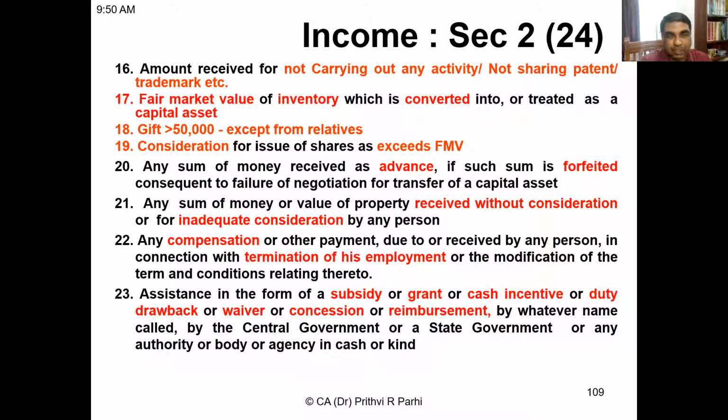No, gifts on the occasion of marriage from relatives are exempt. So what if friends give, not relatives? Still, those gifts on the occasion of marriage are exempt. Okay, sir. In detail, we will discuss the conditions attached to that when we learn the head income from other sources. At that time, we will discuss this in detail.